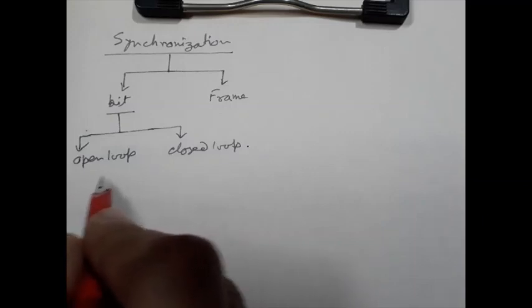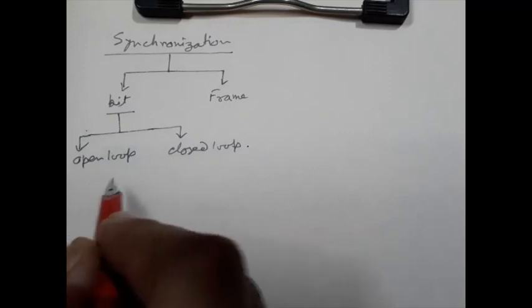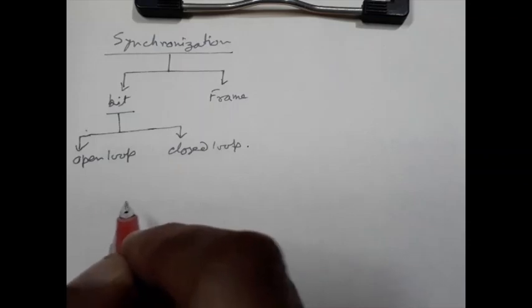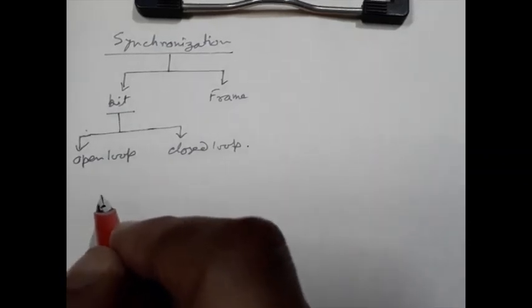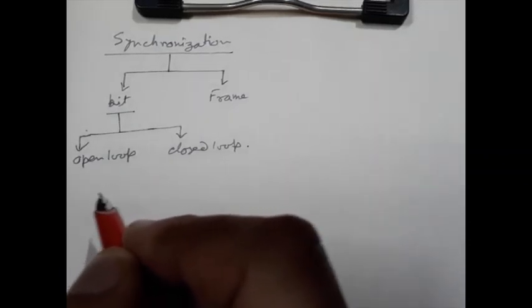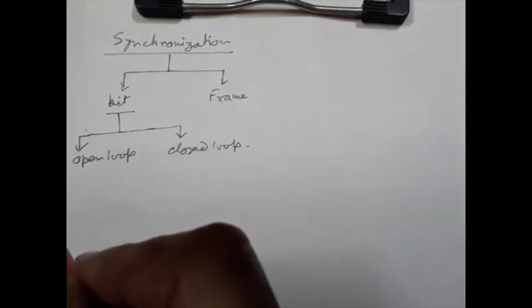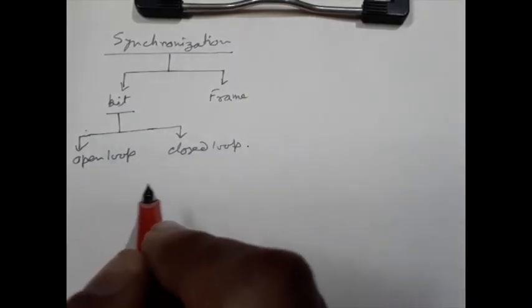These open loop circuits recover a replica of the transmitted data clock by doing some operations on the incoming data stream.